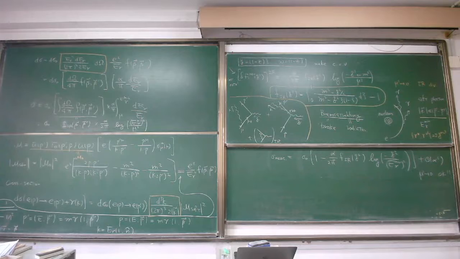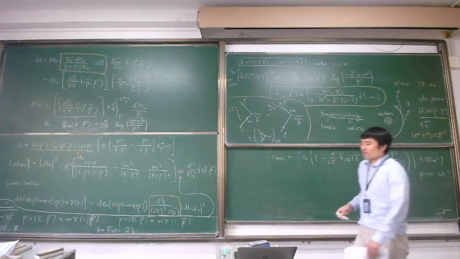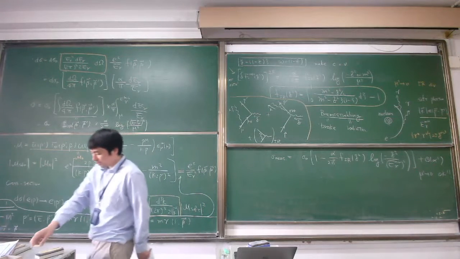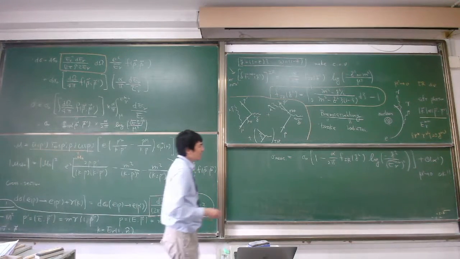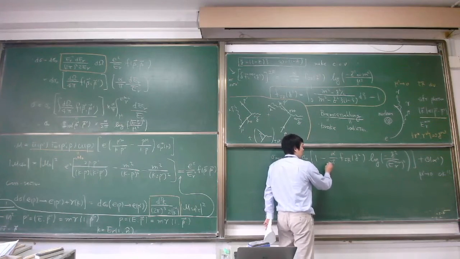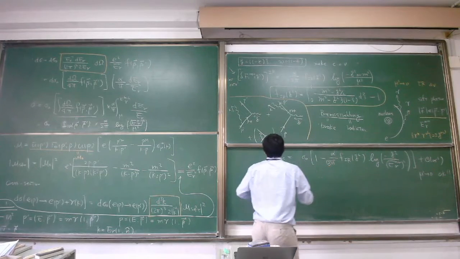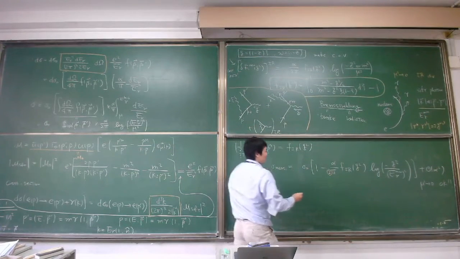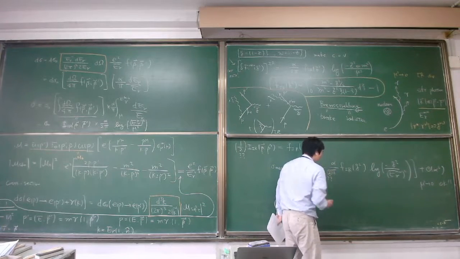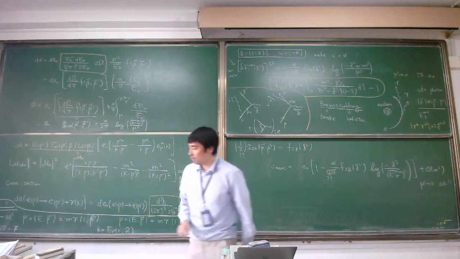So this is what we have, and be careful. My lecture note has lots of subtle points. In the lecture note I didn't have a 2 here, so this is a question mark. It seems like my lecture note made some mistake with the factor of 2.